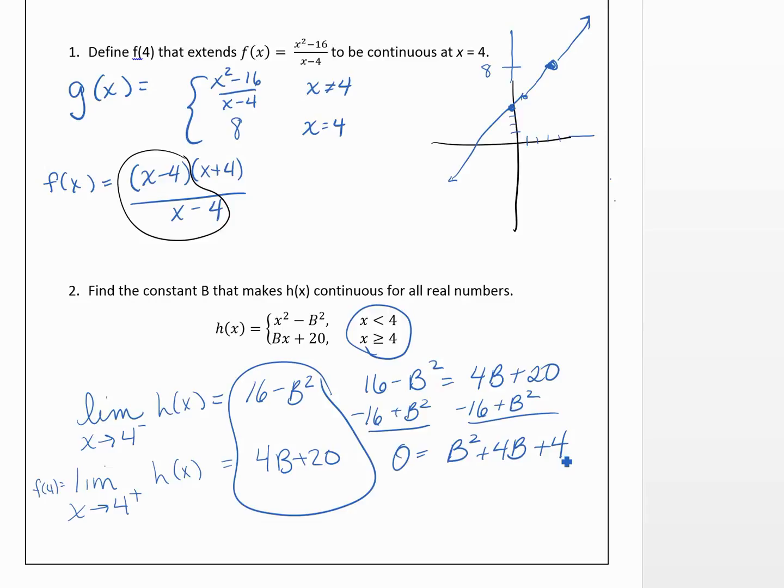And if we think about factoring that, that factors as b plus 2 times b plus 2, or b plus 2 squared. So we would set that factor equal to 0, and we'd get b equals negative 2. Okay, so that would be the number that makes it continuous for all values.